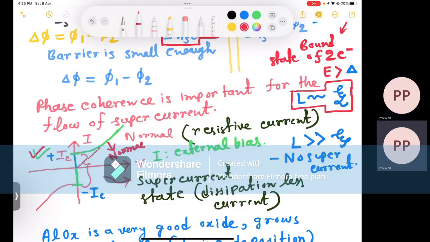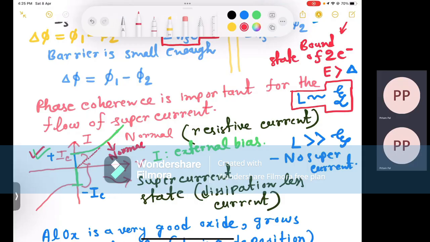And another thing, there are a lot of parameters. Just by tuning all these, you can simply switch the whole junction from a superconductor state to normal or vice versa, right? So another parameter, as I mentioned, is the junction length. One parameter here is the external bias. So you have two parameters in your hand. First one is the external bias.